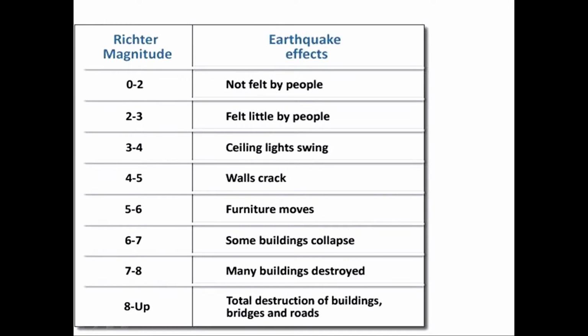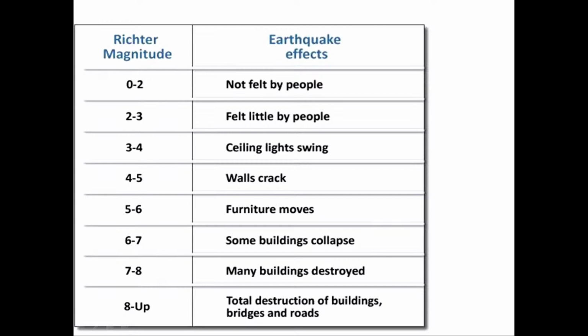So here is the Richter magnitude and earthquake effects. If we see, 0 to 2 is a magnitude not felt by people, though animals like dogs sense it. 2 to 3 is felt a little by people, whereas at 3 to 4 ceiling lights swing a little bit. At 4 to 5 walls may develop cracks. At 5 to 6, furniture moves, and we see movement and displacement.